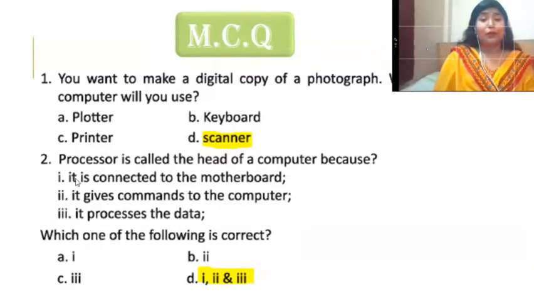That means the processor is connected to the motherboard, the processor gives commands to the computer, and last but not least, the processor processes the data. Yes, my dear students, all three options are true. That's why we will choose number D, that means 1, 2 and 3.